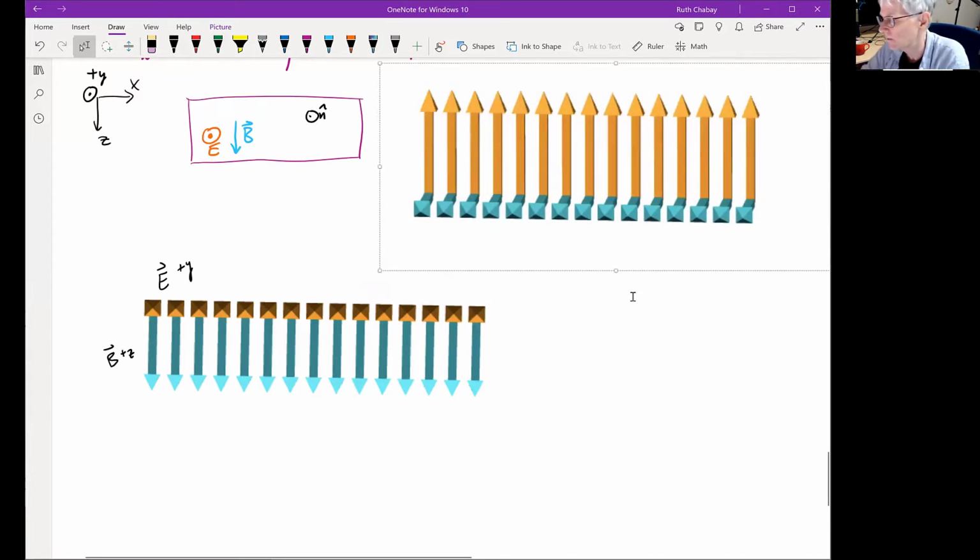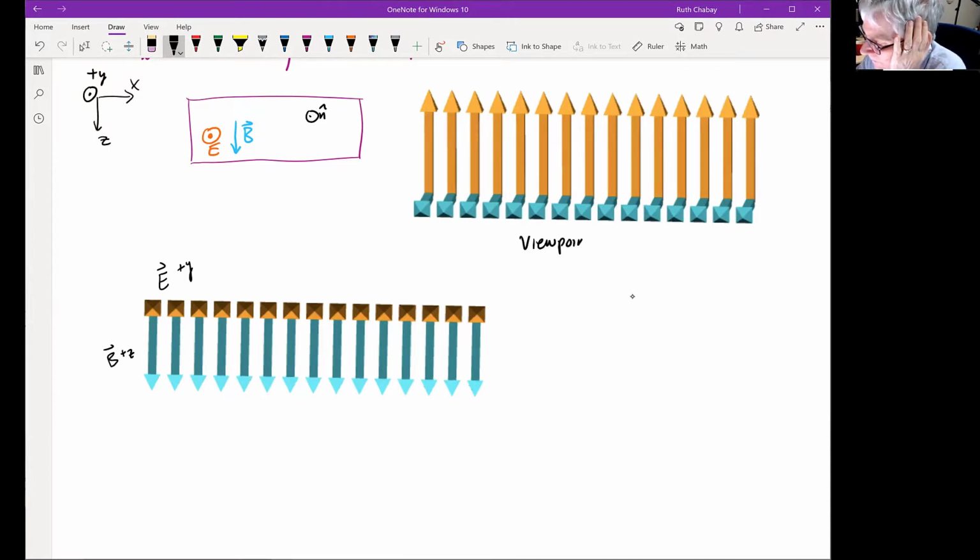So here our viewpoint, we are on the plus z axis, right? Looking in. Here our viewpoint is the plus y axis. We've just moved the camera.